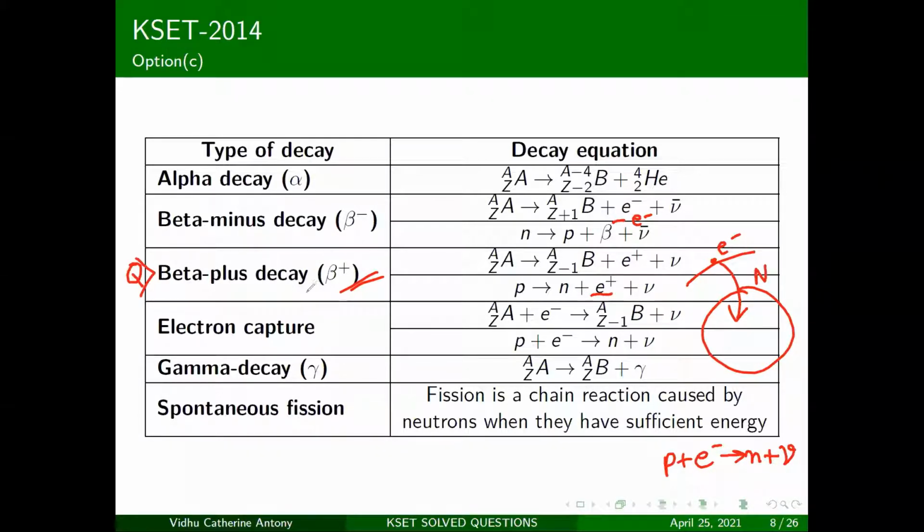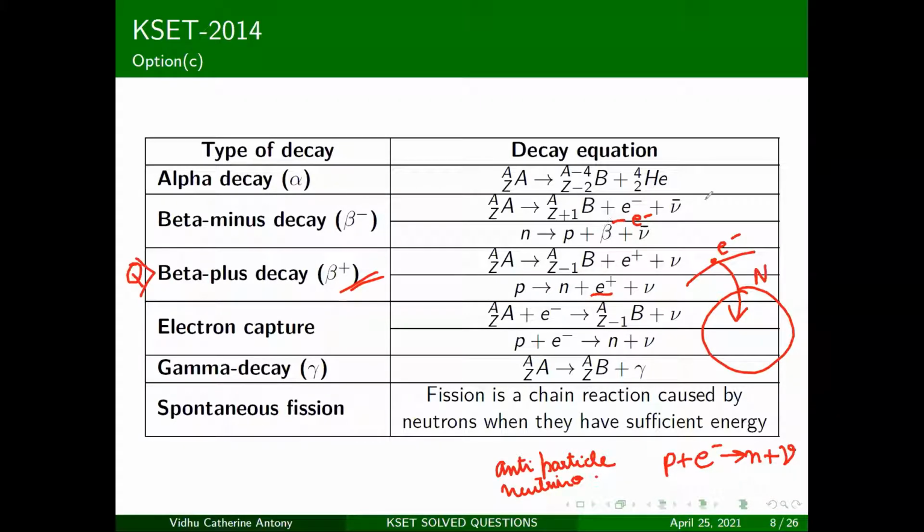Whenever you talk of beta plus decay, positron automatically comes to your head. How do you remember this? Positron, as you know, is an antiparticle. With an antiparticle, you always have a neutrino associated with it. You can have only one antiparticle or one antineutrino.